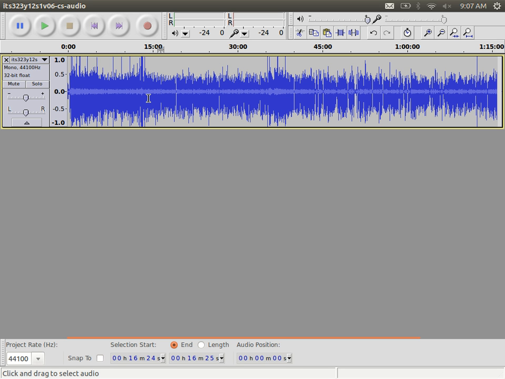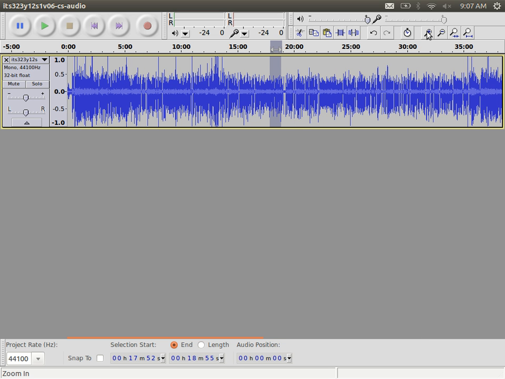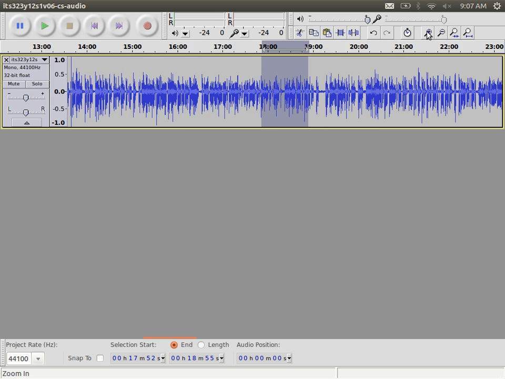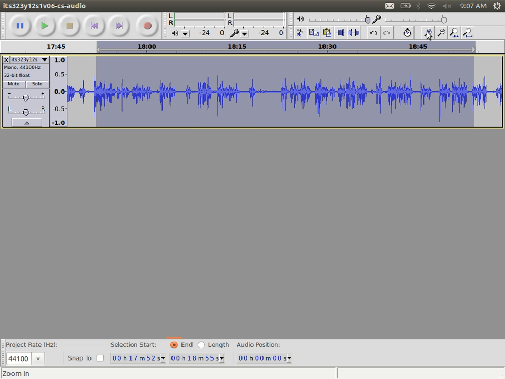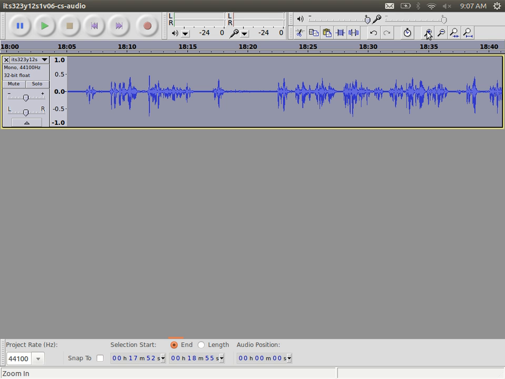If we select some part and zoom in, we can see that the signal strength is changing over time. So this is a real signal, in this case an audio signal, but the same concepts apply in digital and analog communications.